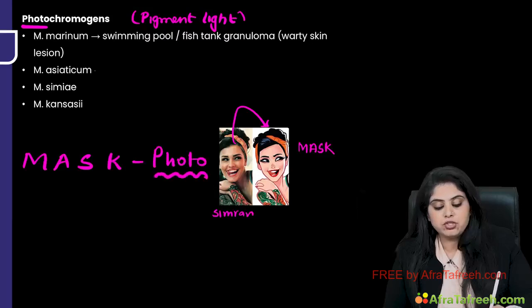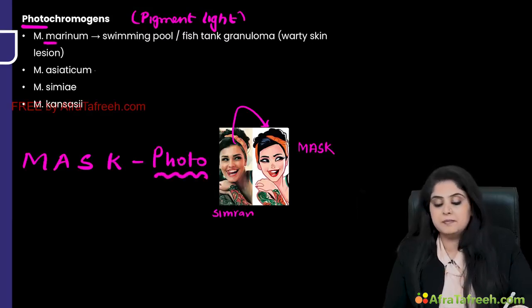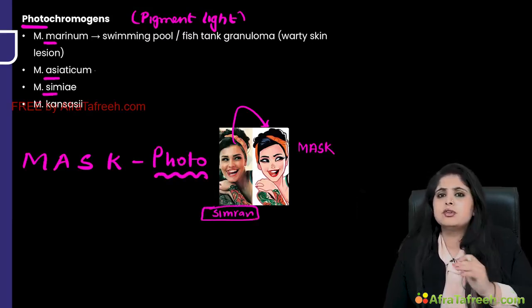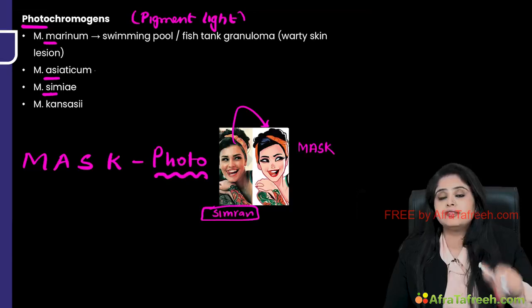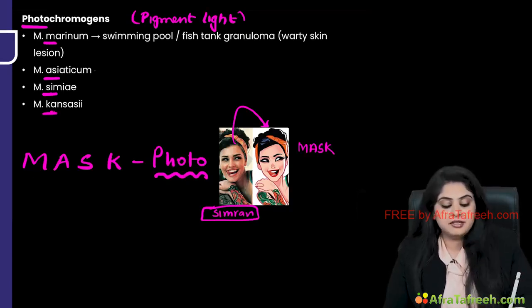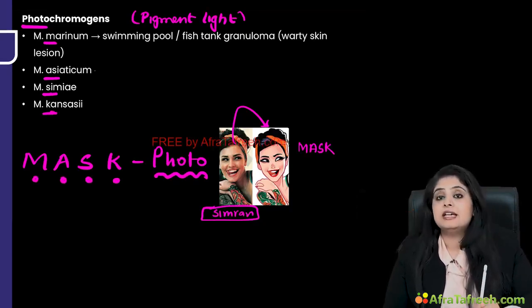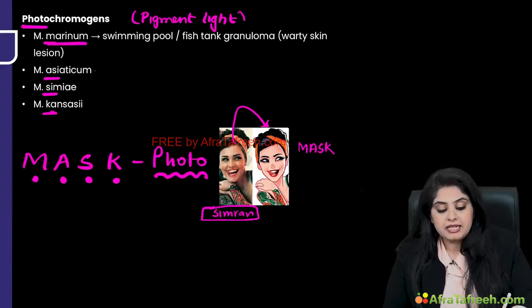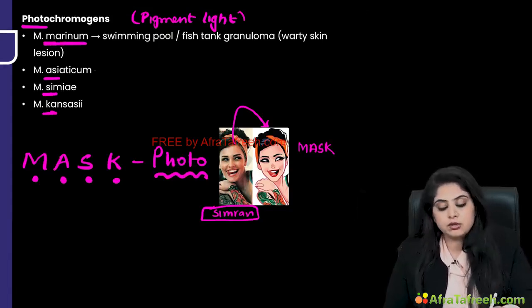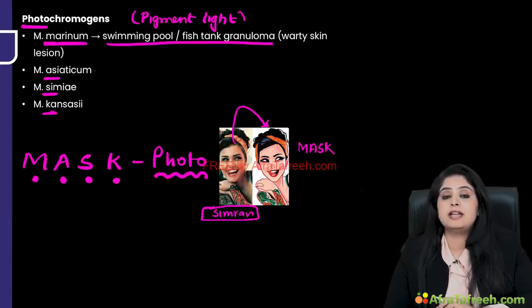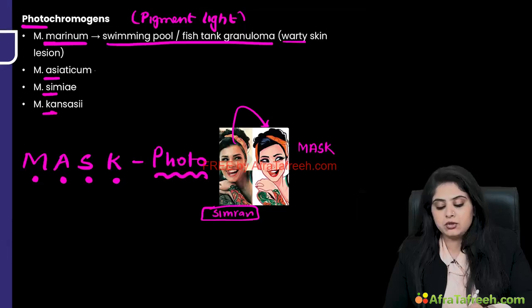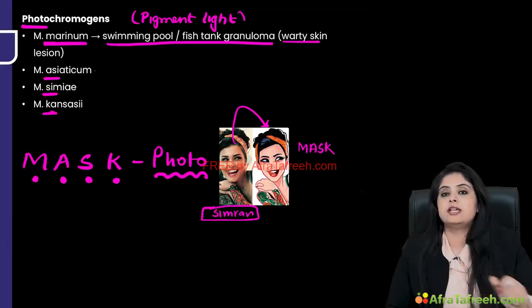So for photochromogens, mask, that is Marinum, Asiaticum, Simiae, that is why I named her Simran, because S is going to have a lot of mycobacteria. You should know which S comes over here. Simran, Simiae S comes over here, and Kansasii. Marinum, Asiaticum, Simiae, Kansasii. Now please note, marinum anyway sounds like marine and water. This causes swimming pool or fish tank granuloma. So something marine water came, so swimming pool or fish tank granuloma, which is nothing but lots of warts which are there on the skin.